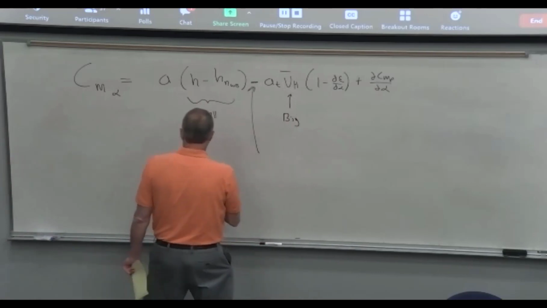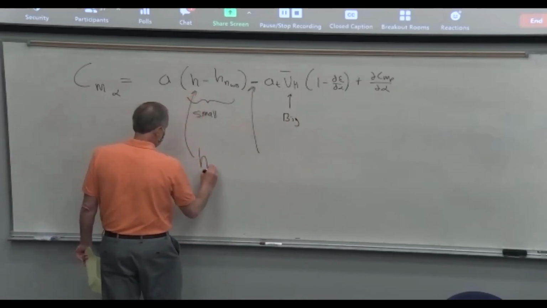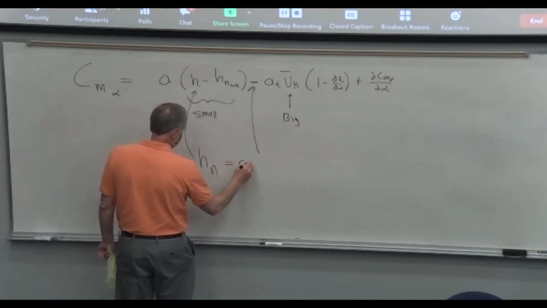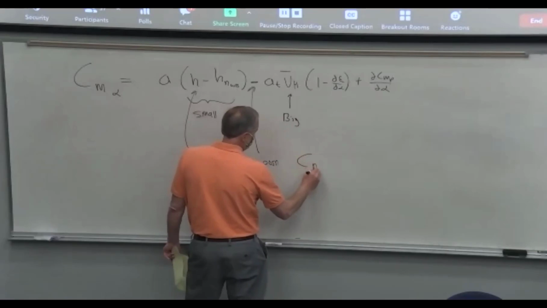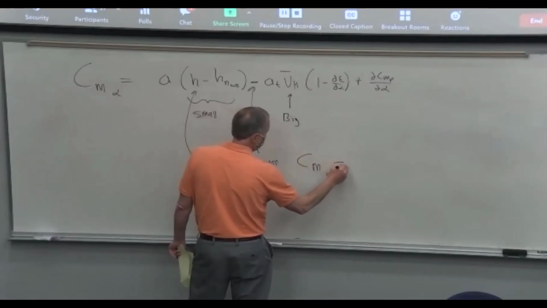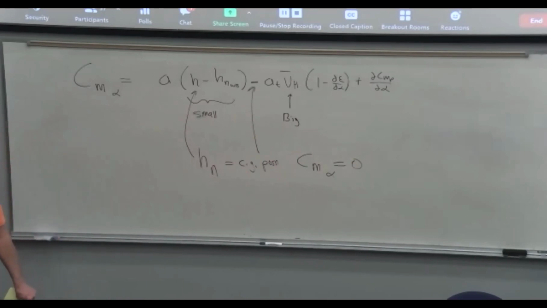And then we said, well, there's a certain CG position that makes neutral pitch stability. So Cm alpha is 0, so you don't get any pitch up or pitch down due to an angle of attack change. In other words, there's no tendency to return back when there's an angle of attack disturbance.